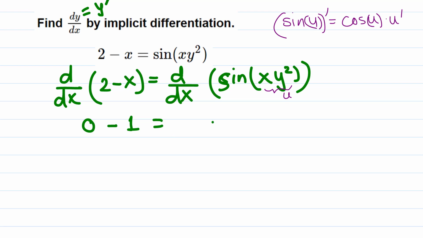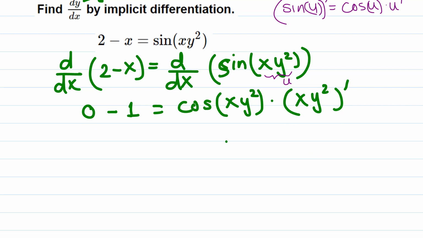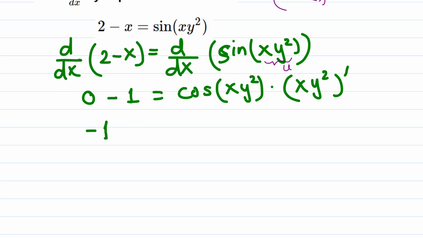So then we get cosine of u times u prime. So this is -1 on the left side, so times this one.